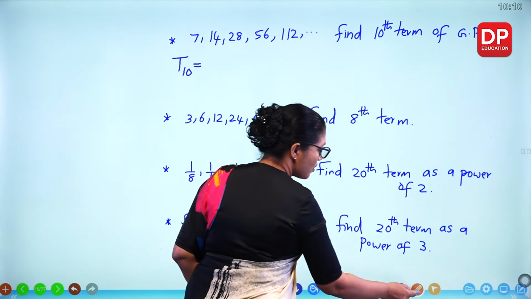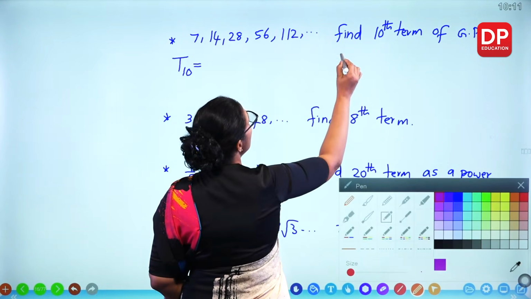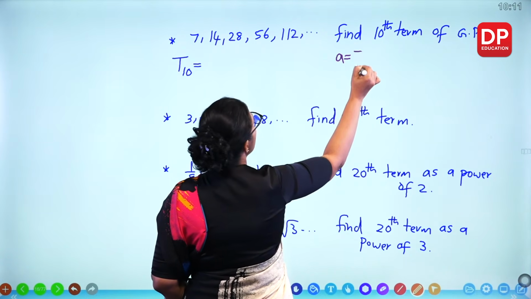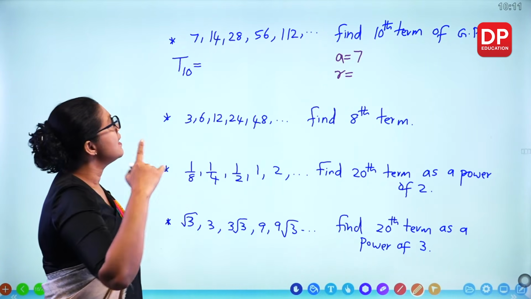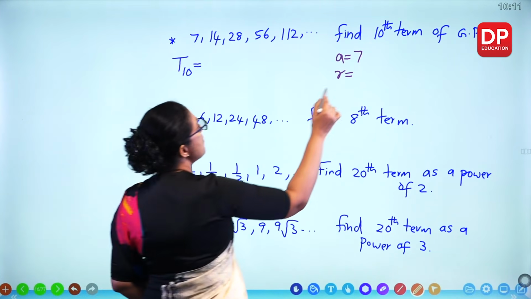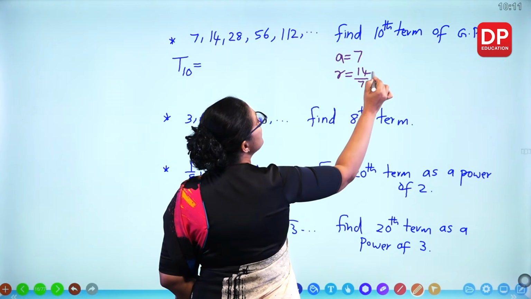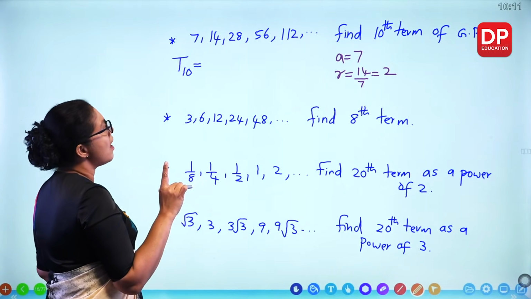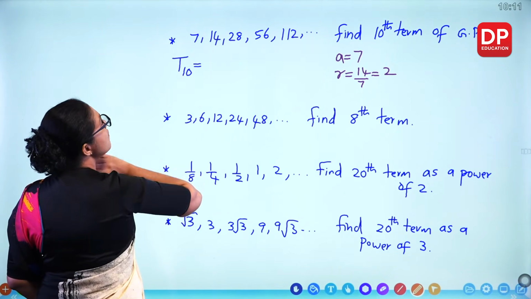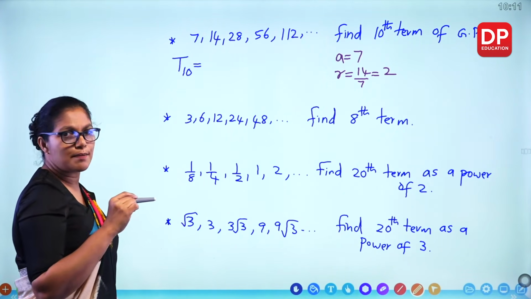We know A equals 7. What's the ratio? Ratio is any term divided by its previous term. You get 2 there. So you know A and R, and we need the 10th term, T10.